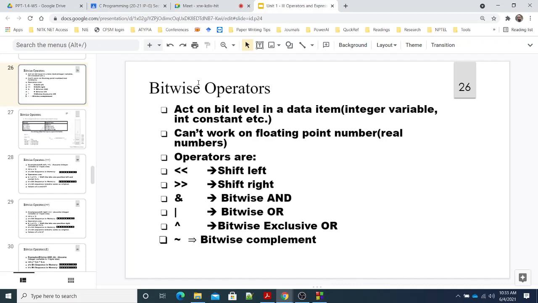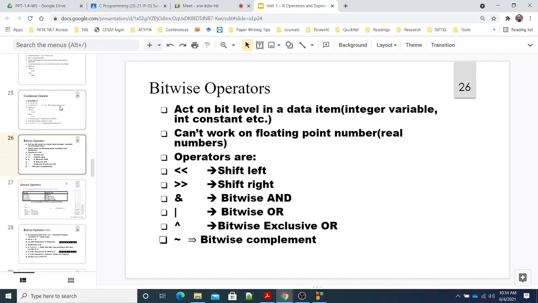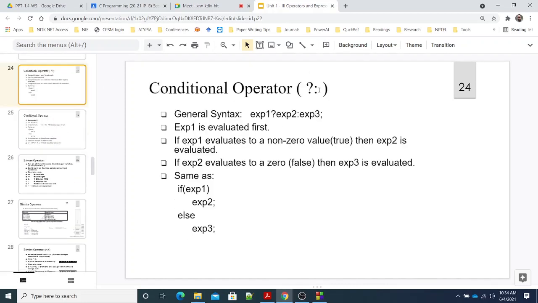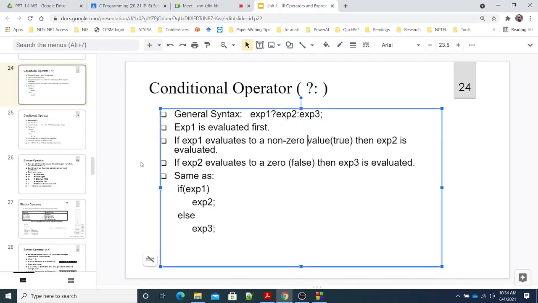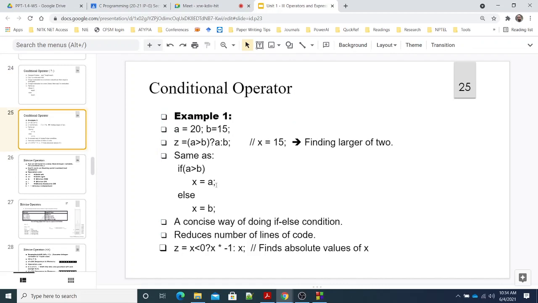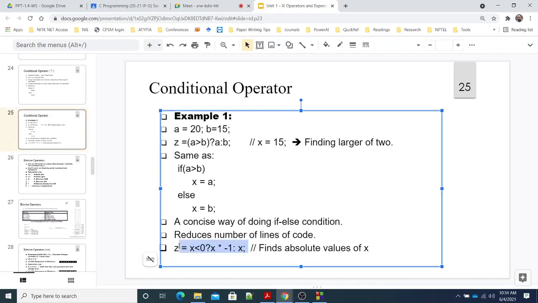Then we studied the conditional operator. It is a special operator, the ternary operator. 3 operands are there, and 2 applications we have found: finding the largest of two distinct numbers, and also finding the absolute value of a given signed integer value.